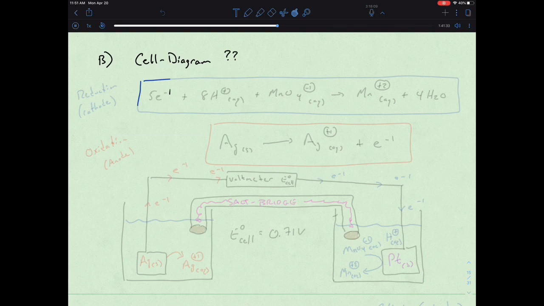So we still have to represent both processes that are occurring, not necessarily the count or the number, but just the different molecules and conditions that are part of both sides of the battery.